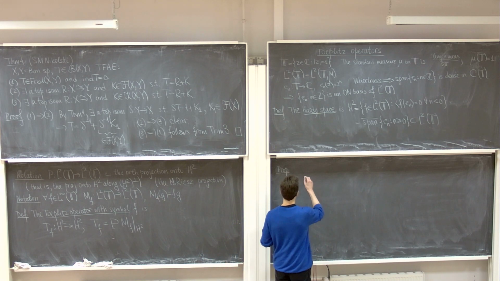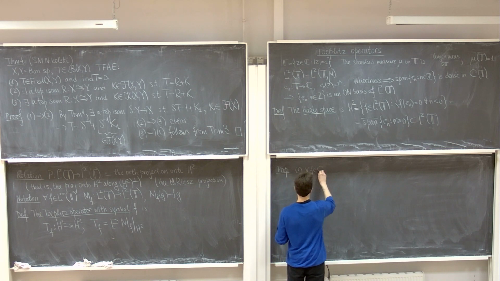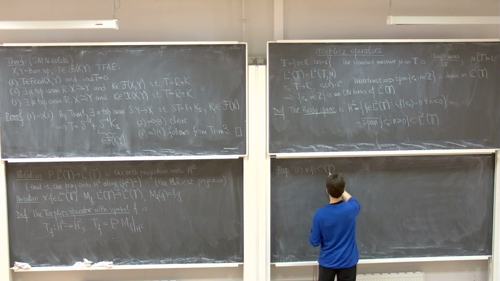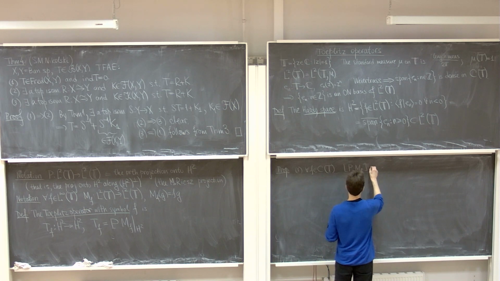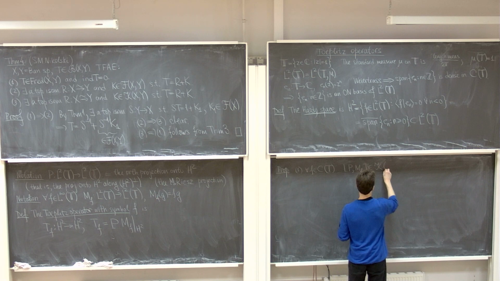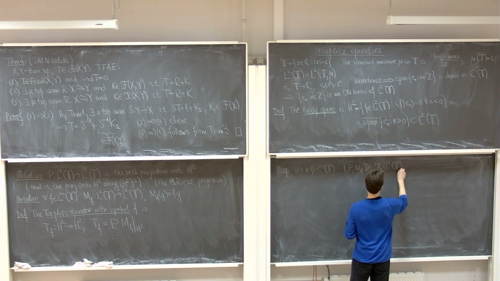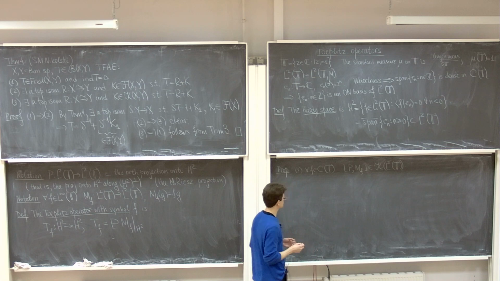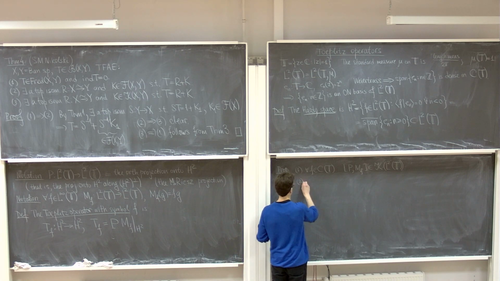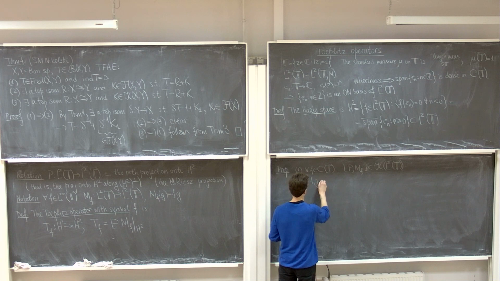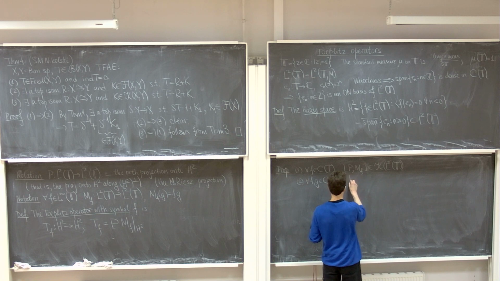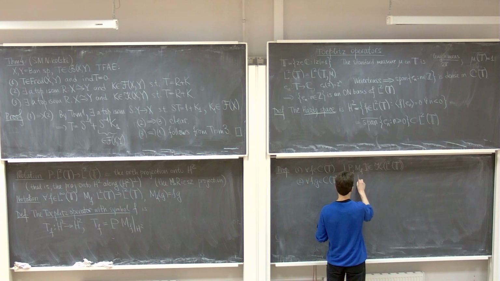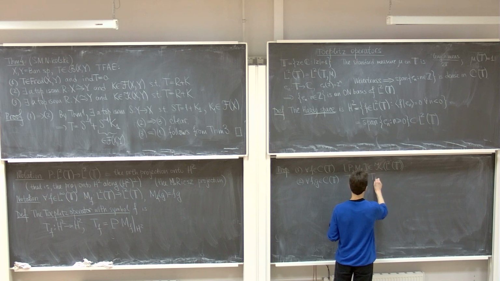So first of all, I claim that for each continuous function f on the circle, the commutator of the Riesz projection and the multiplication operator M_f is compact. And second, if f and g are continuous functions on the circle, then we have the following equality: T_f T_g equals T_fg.